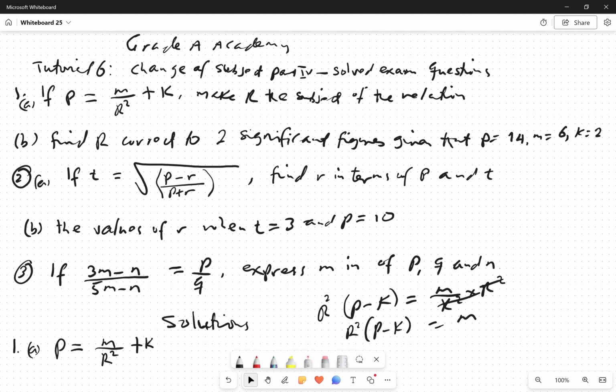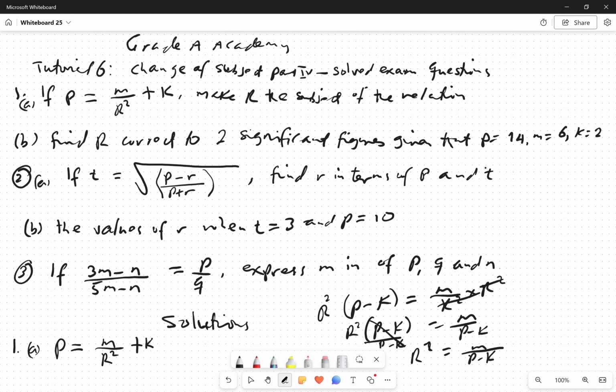Now we're looking for r, so we're going to divide both sides by p minus k. P minus k here to by p minus k, and this cancels out. So you have r squared is now equal to m over p minus k. And because we want r, remember we take the square root.